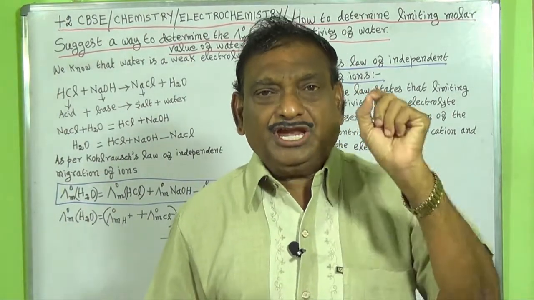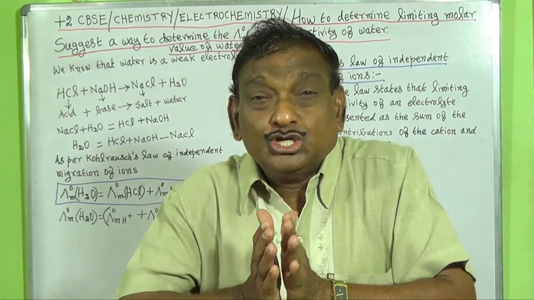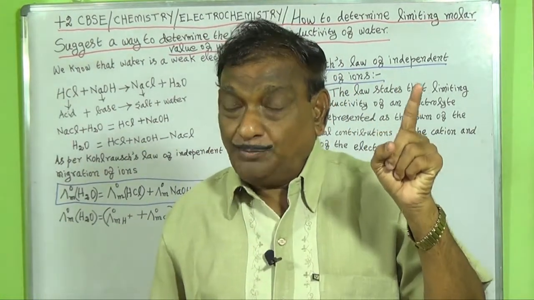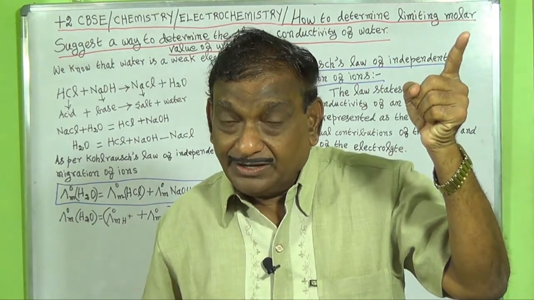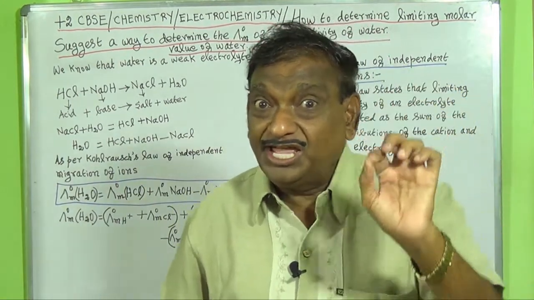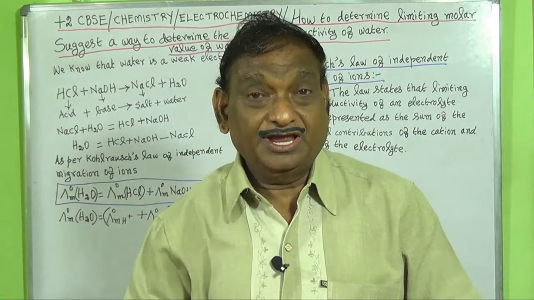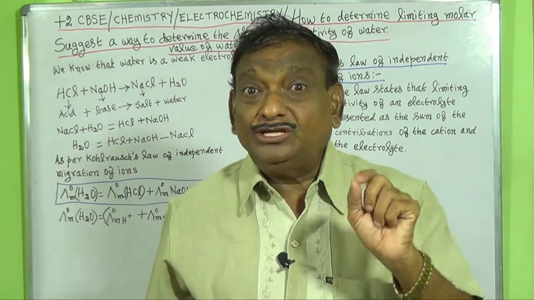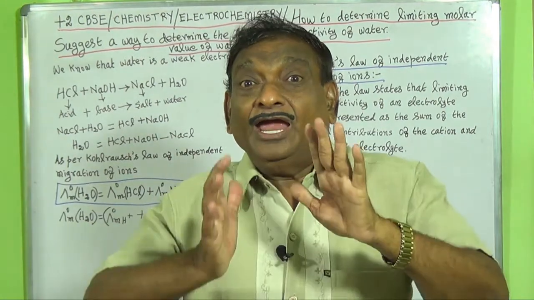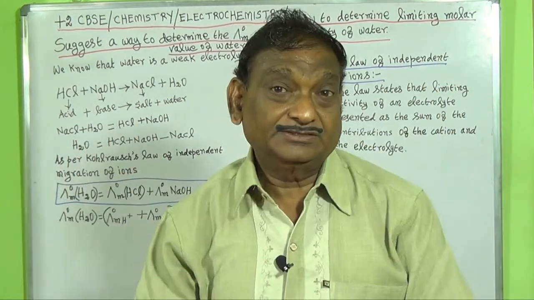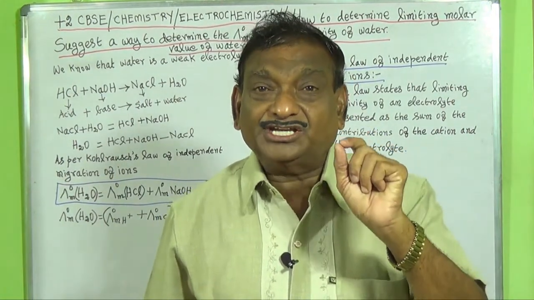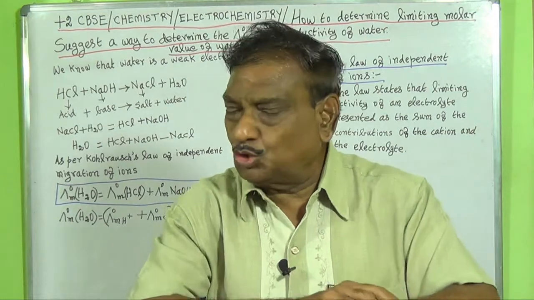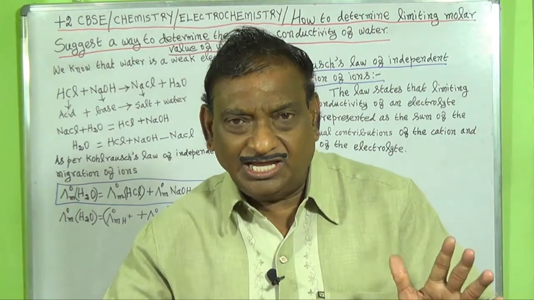When the concentration becomes zero, the electrolyte dissociates completely, that is, the degree of dissociation equals 1. At this lower concentration, the conductivity of the solution becomes very low, so the conductivity cannot be measured accurately.